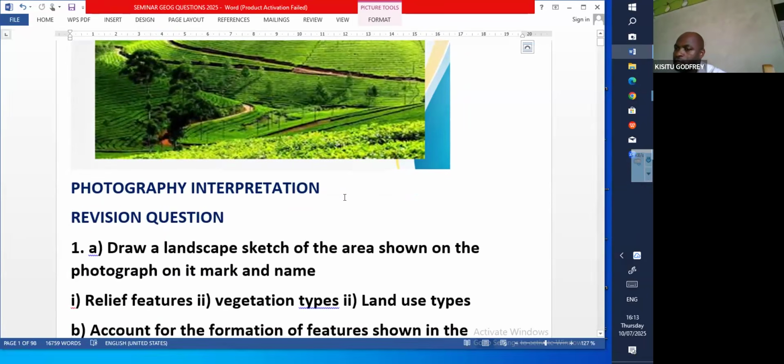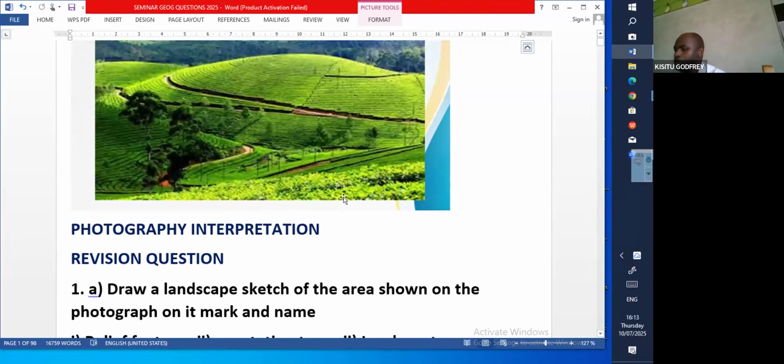But if it cannot fit, you first look at the shape of the photograph. If it is a rectangle, then you draw a rectangle. If it is a square, you draw a square. Then you begin by drawing the skyline. After the skyline, you put the physical features, relief features and the land use activities.